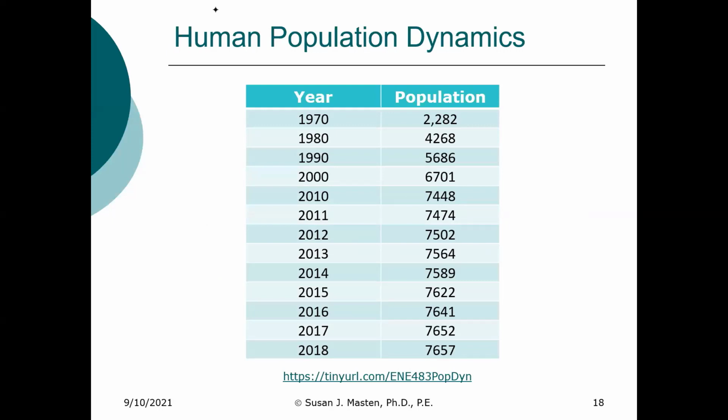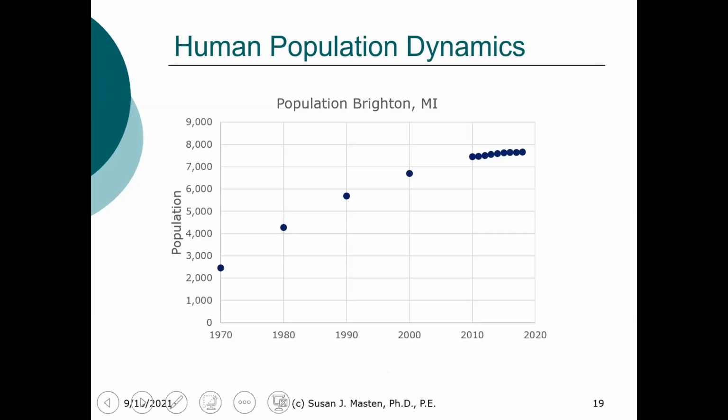Okay, so this is the population for Brighton. I was going to have you plot the data, but I've plotted the data for you. So here's the data plotted. I think we've got time for this.